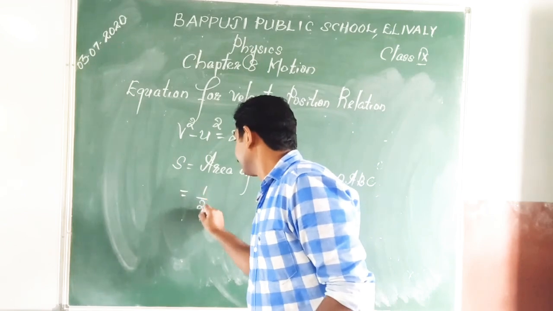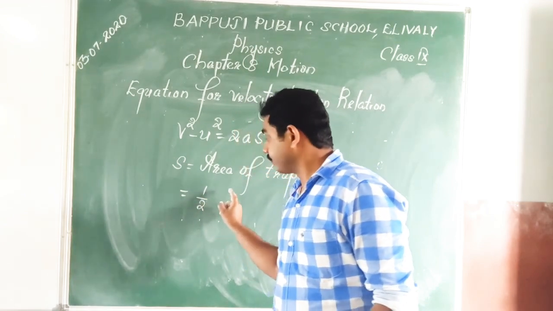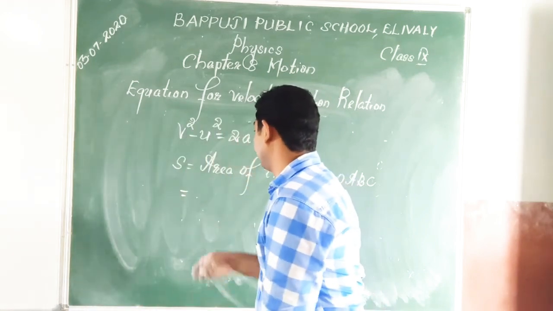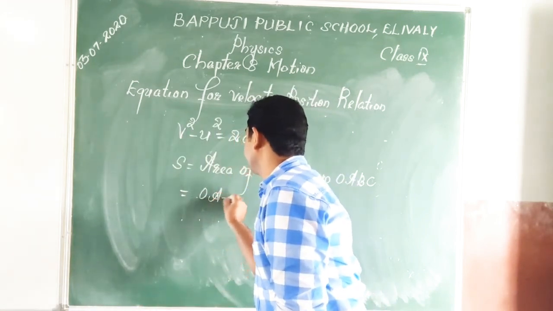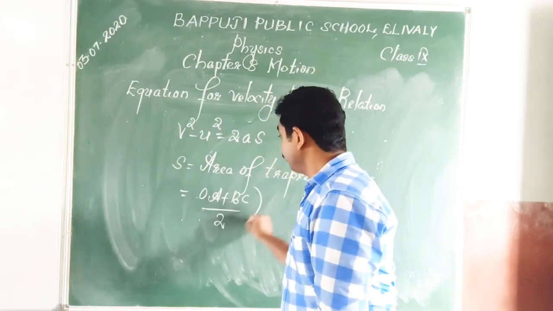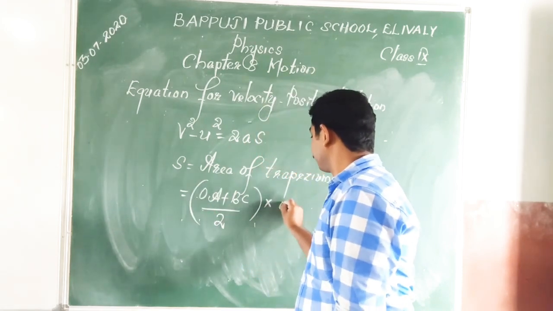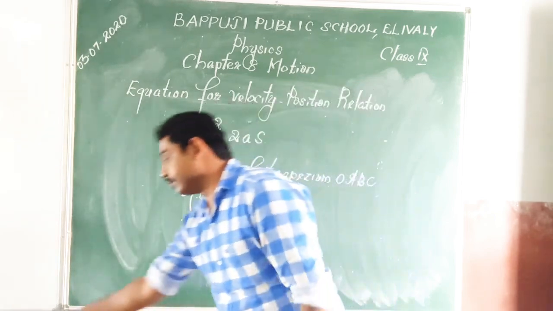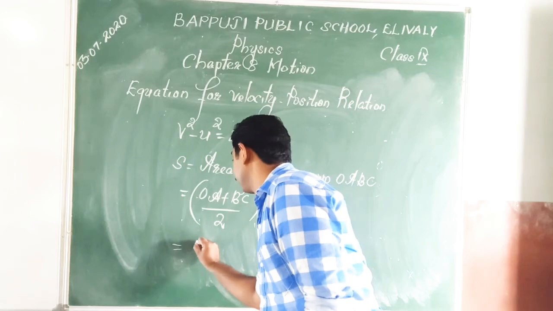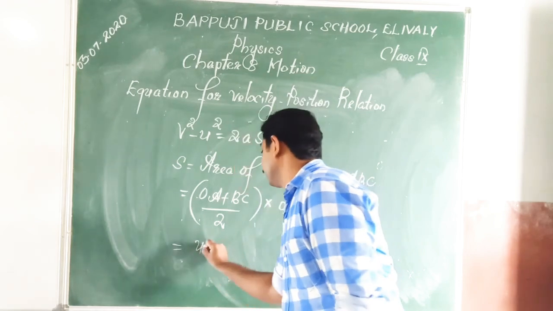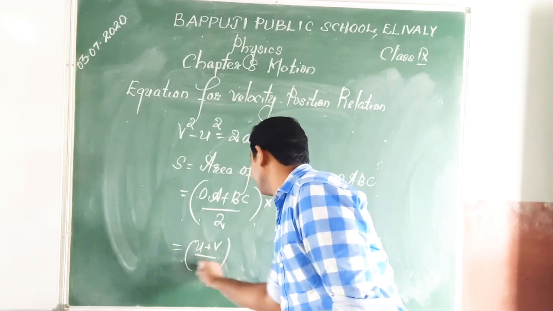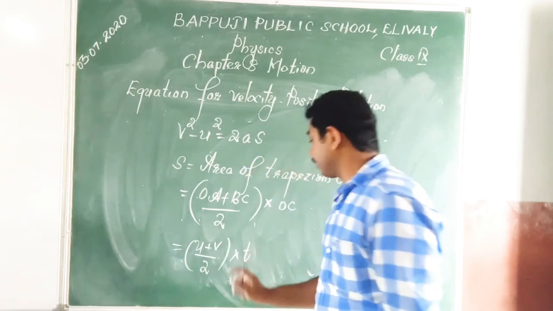So OA plus BC divided by 2 into the perpendicular distance OC. OA means initial velocity U, BC means final velocity V, divided by 2, into OC, which means the time interval.